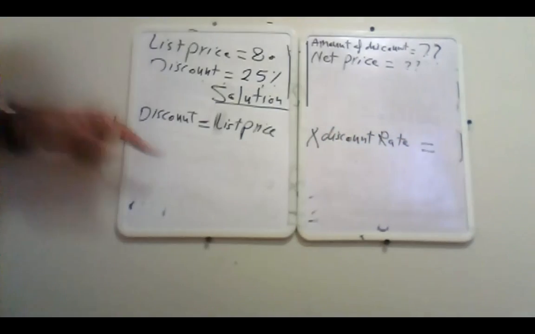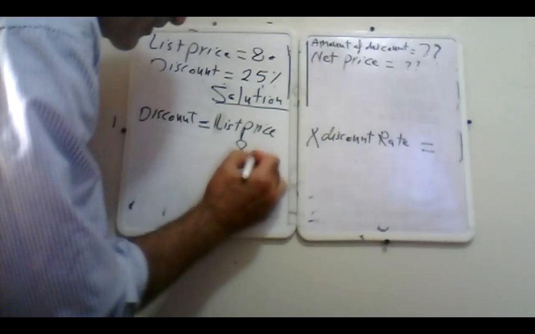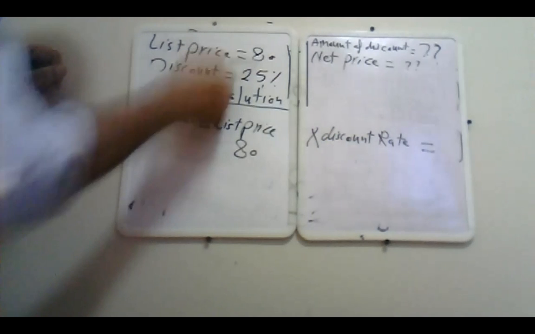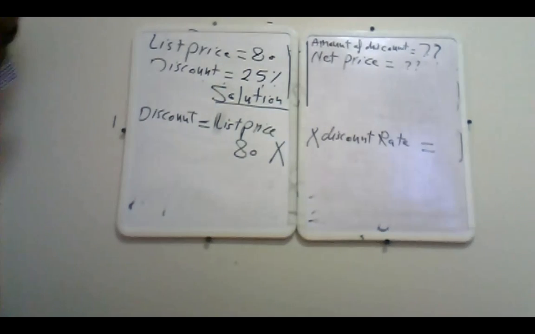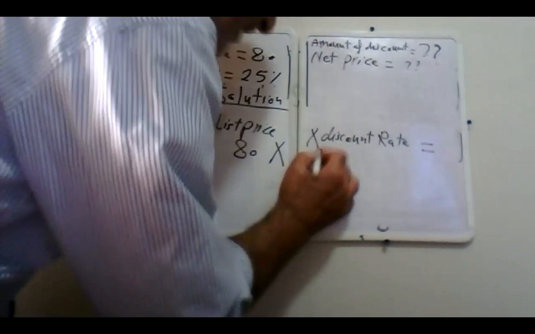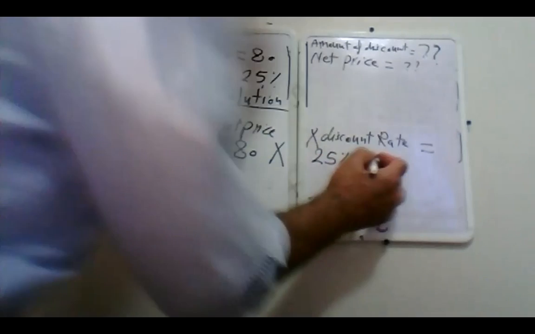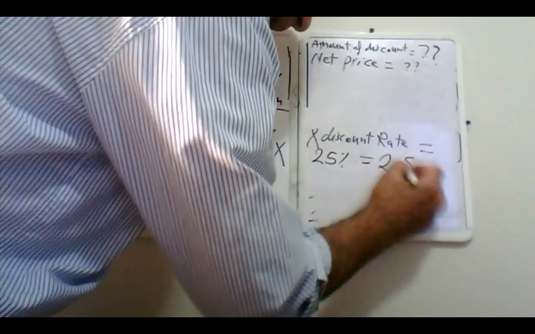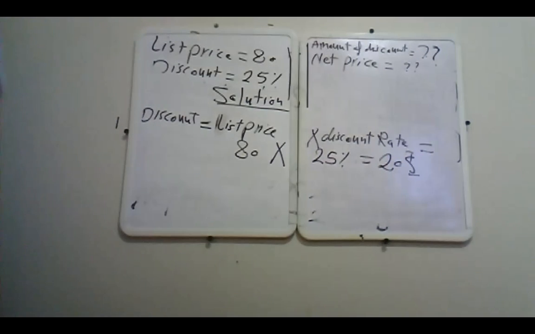The list price here is $80, multiplied by the discount rate, which is 25%. So that will make $20 as a discount. Okay, that's fine.